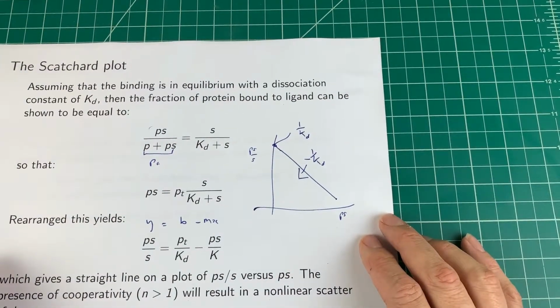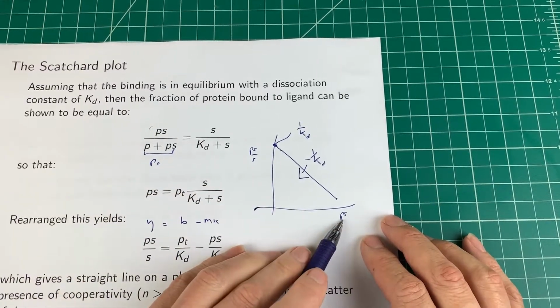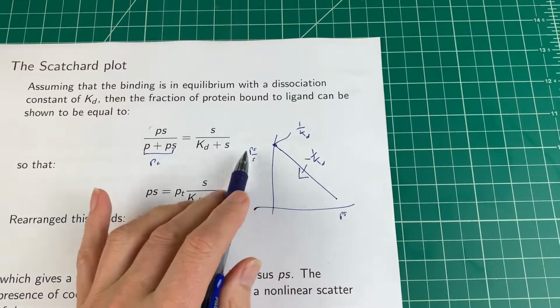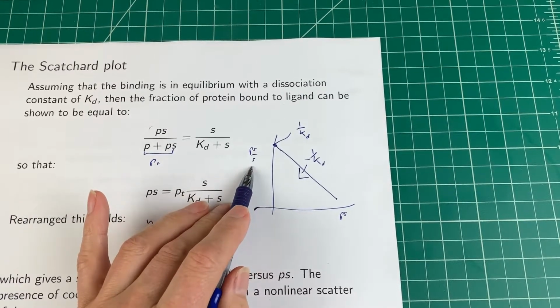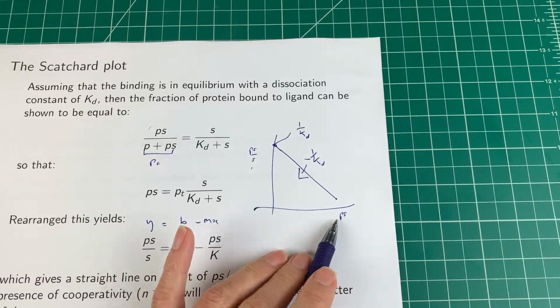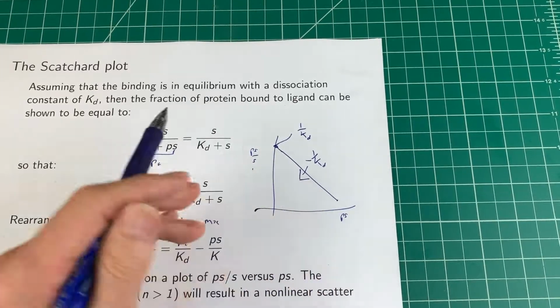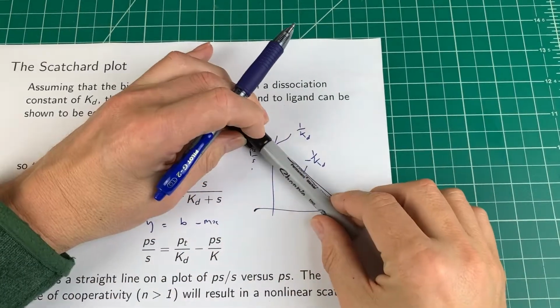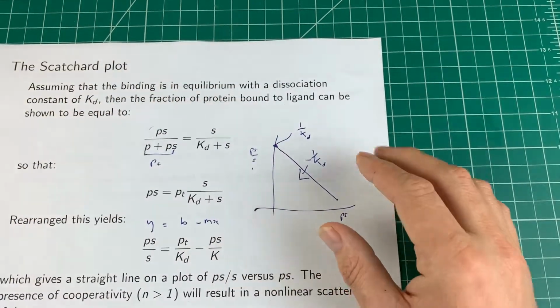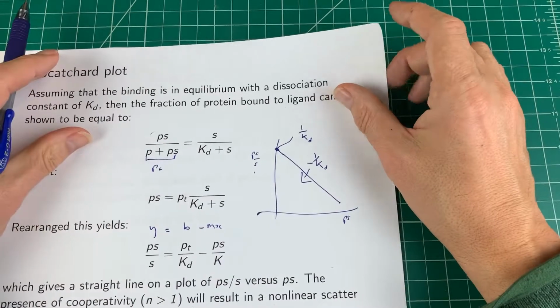So you can imagine people measuring the amount of bound ligand and the amount of substrate they're adding. They plot the ratio of bound ligand to ligand versus bound protein, and they'll get a straight line. You can put a ruler through here. You didn't need a computer to do this, and you could then measure the slope to get the constants.